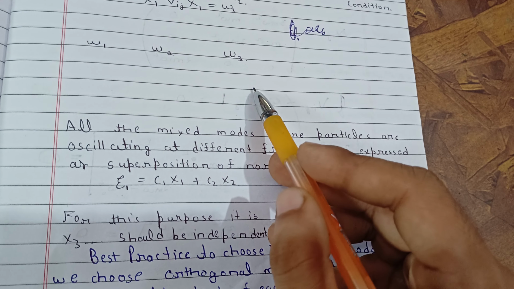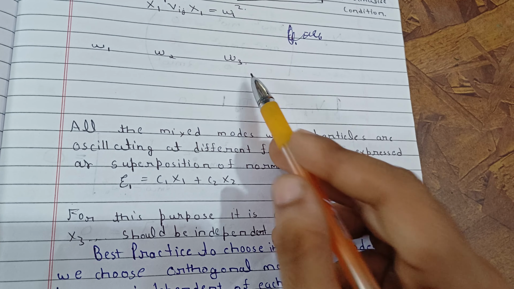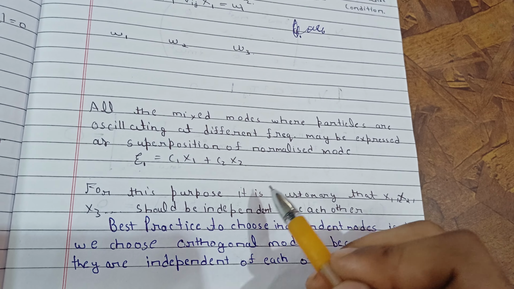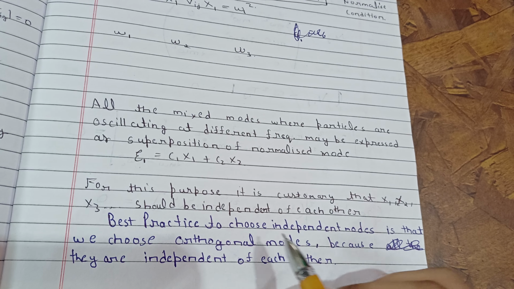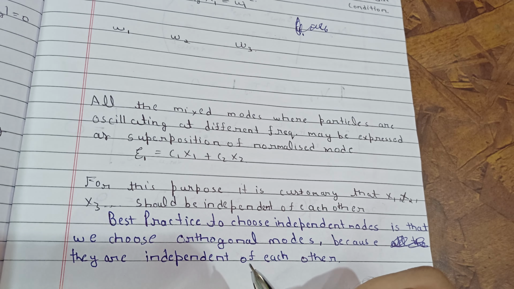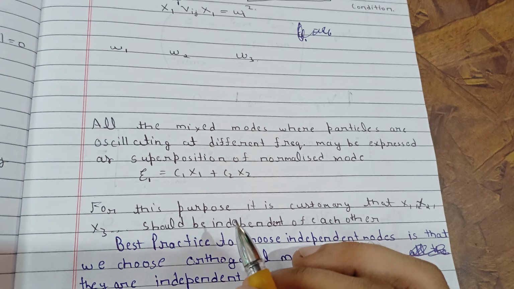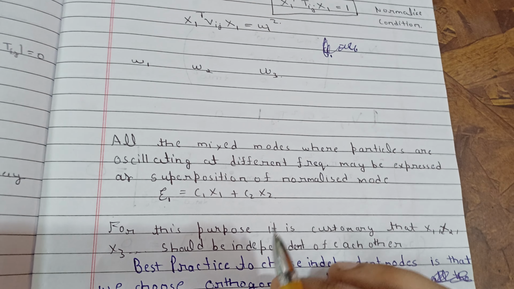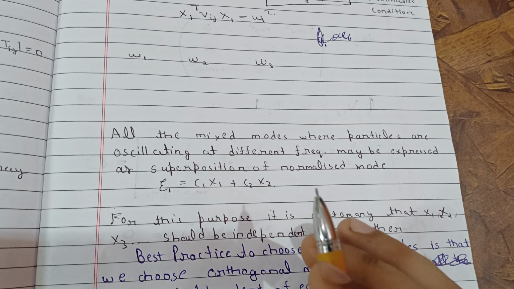Okay, so movement corresponding to x will be independent of y and independent of z. So that's why we take all these X1, X2, X3 as orthogonal. So I hope you understand this thing. So that was all the theory about the small oscillations which you need for the exam. So let's see some questions now.